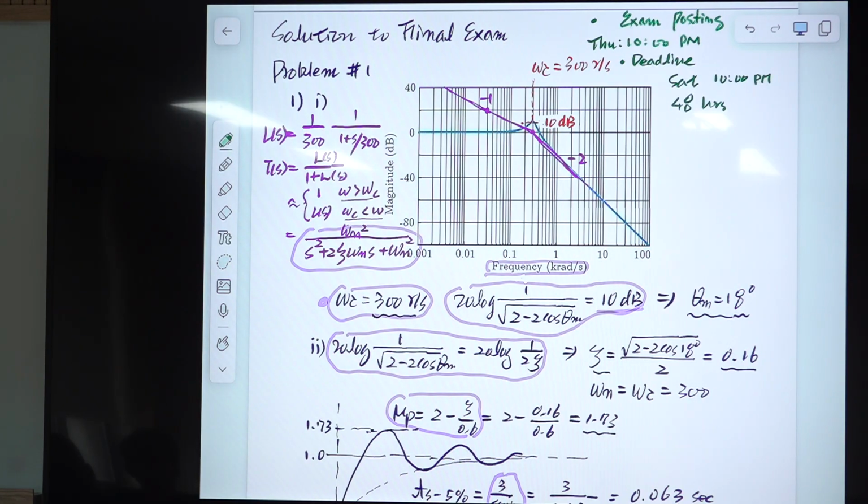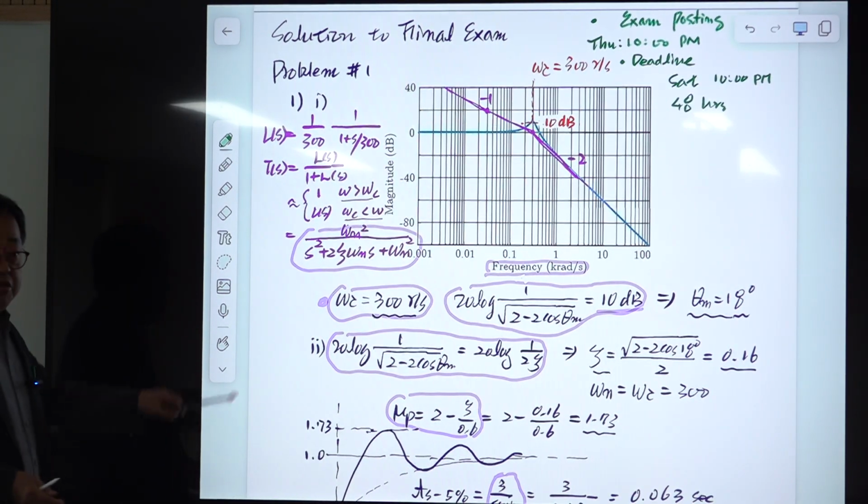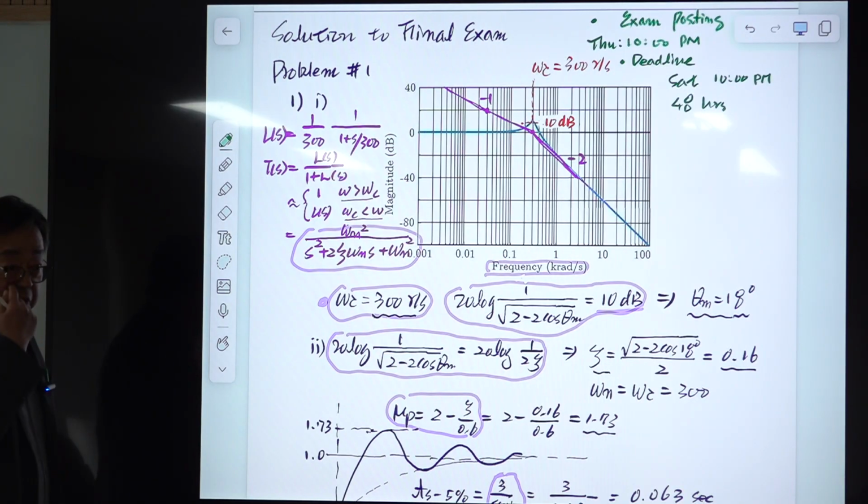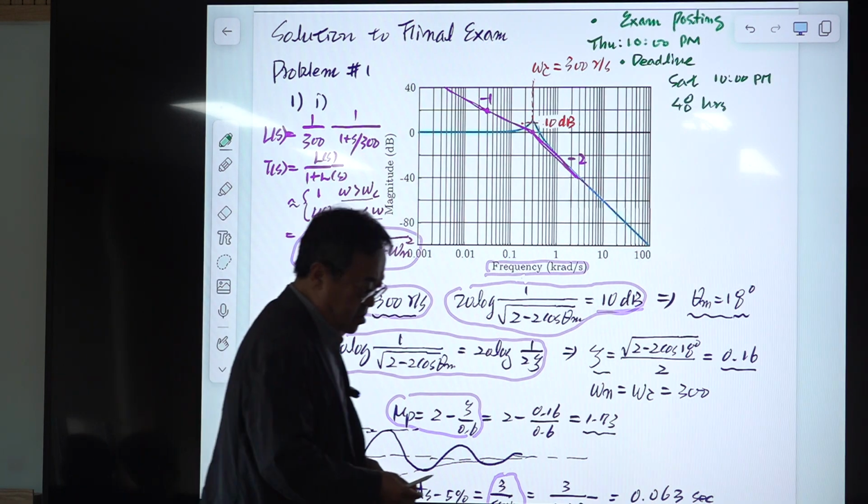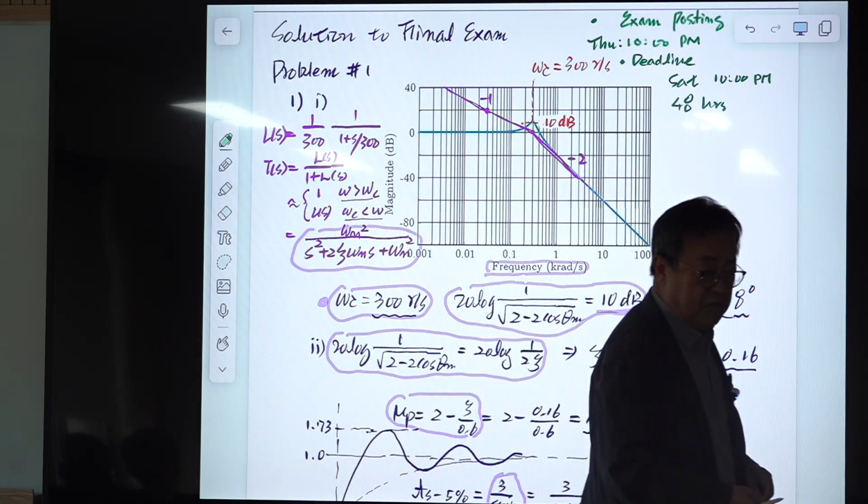I think I said once this was the final exam for the senior students 2 years ago. They solved the same problem within 100 minutes. Of course, they didn't do well, and their average score was 20, 30 something.